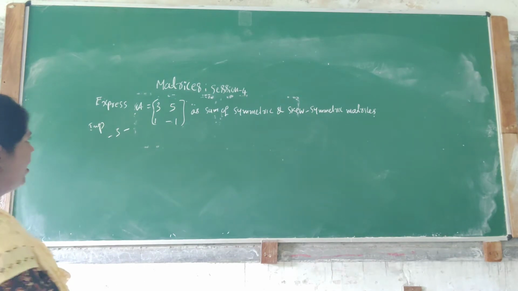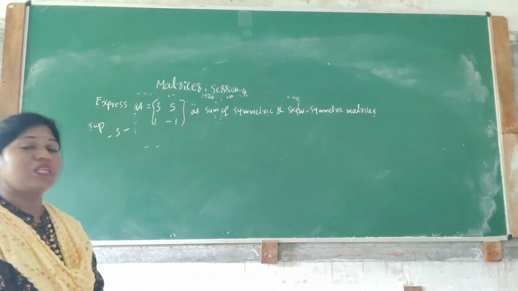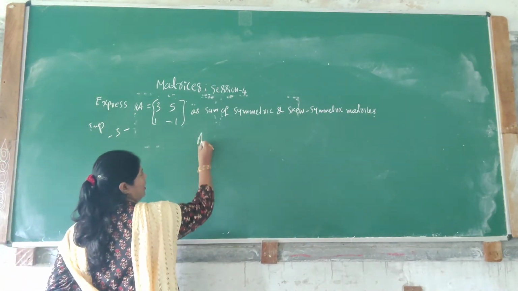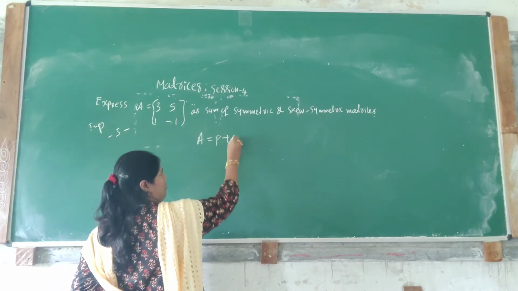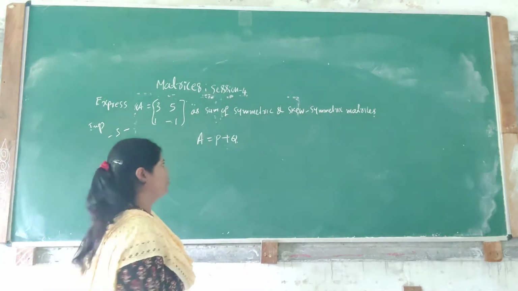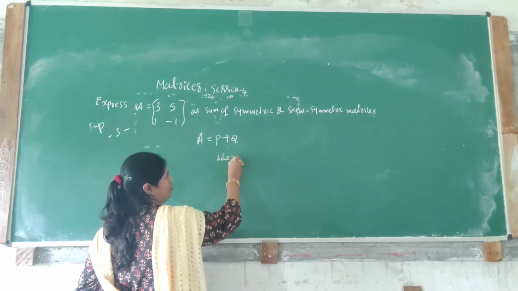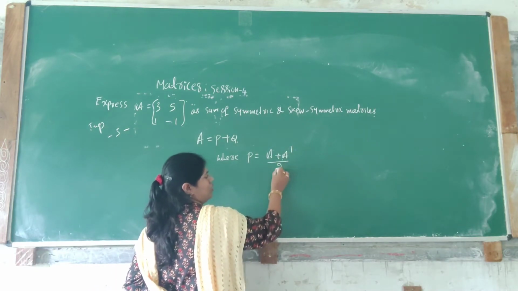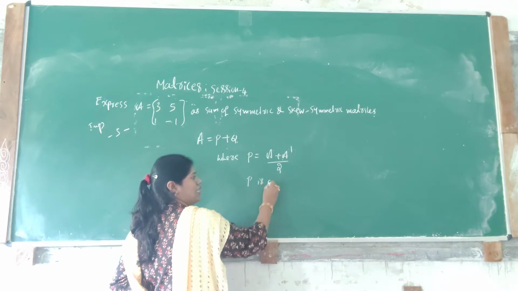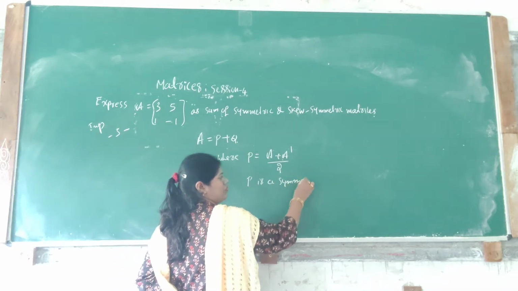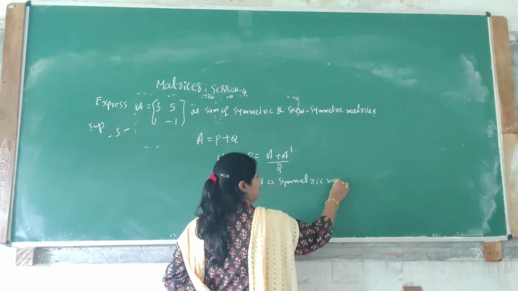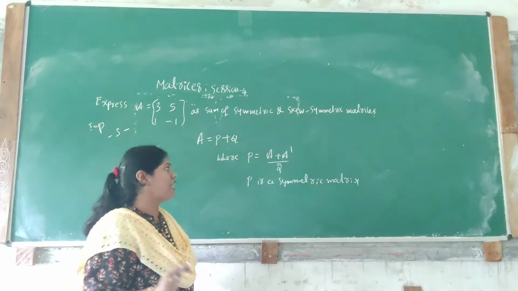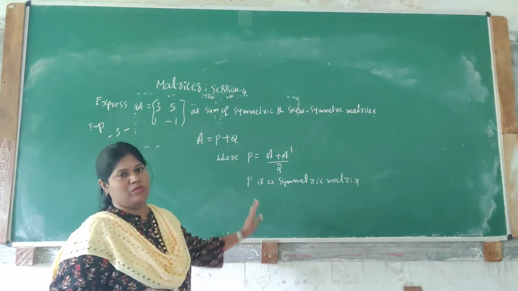Express A is equal to 3, 5, 1, minus 1 as sum of symmetric and skew symmetric matrix. So the formula method: A is equal to P plus Q, where P is equal to A plus A dash divided by 2, and P is a symmetric matrix.